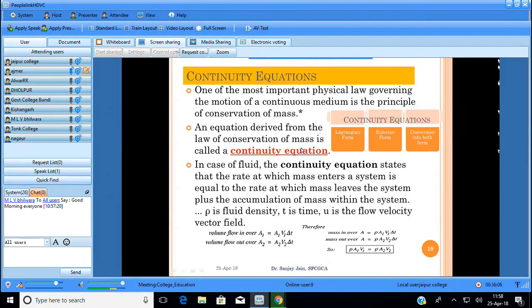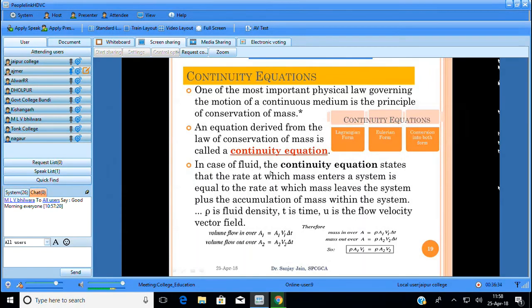Any equation derived using the conservation of mass is known as a continuity equation. Here we are studying the continuity equation in Lagrangian form and in Eulerian form, and we try to convert each form into the other.